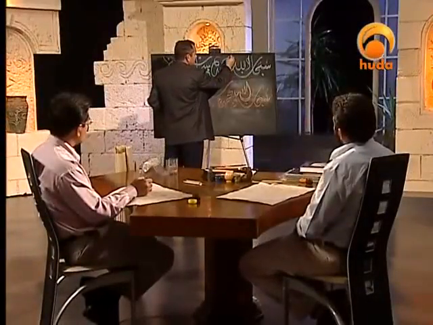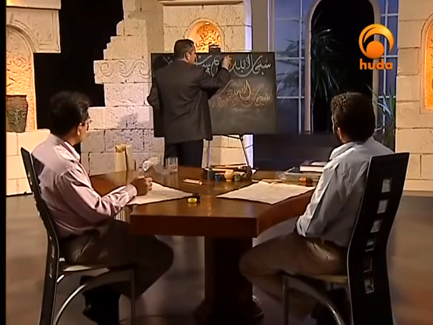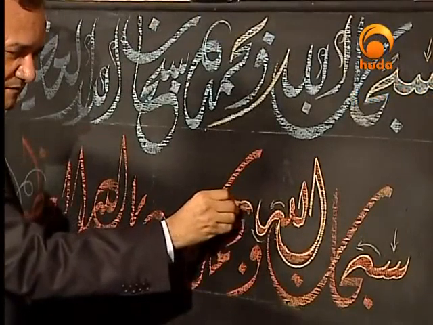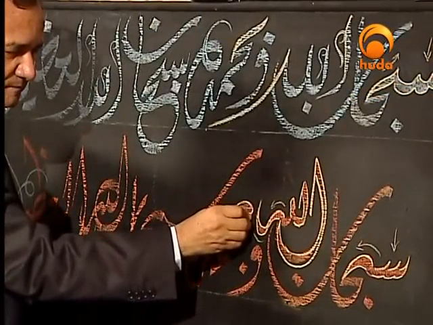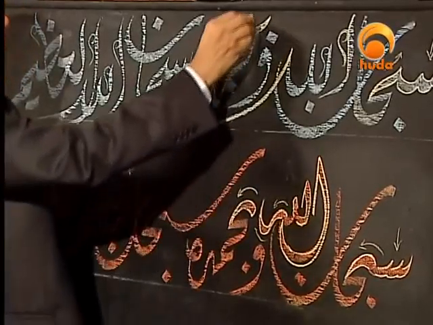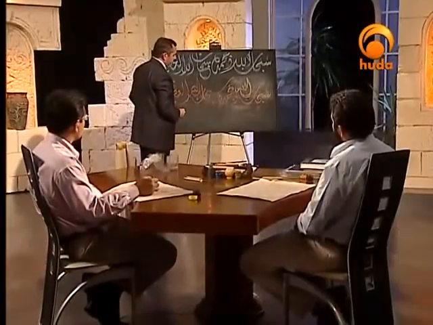The same curve here of ba going with the edge, but this one curves down. You see the curve comes here, and this one goes in this shape.